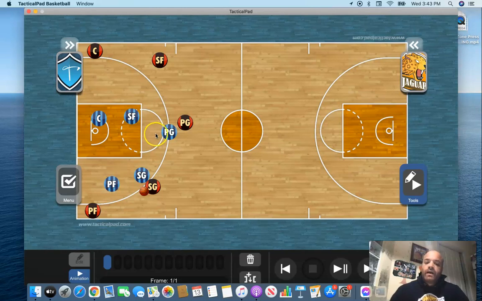Gap here. Ball is above the free throw line, so we only need one foot in help. We have to be able to rotate over because we need to prevent the swing, and that's one of our rules. We don't want to be in a position where the ball goes here and these guys decide to get big, and the ball swings, and we're caught with our hands in the cookie jar.